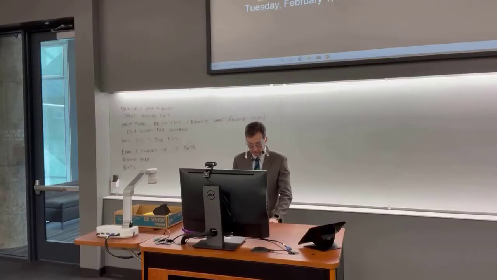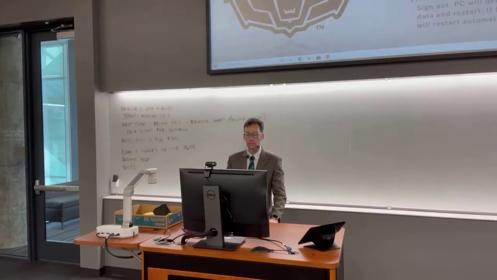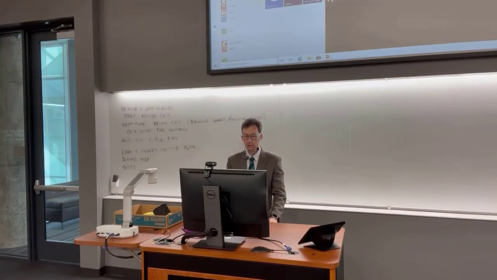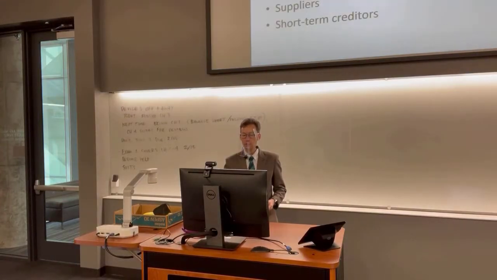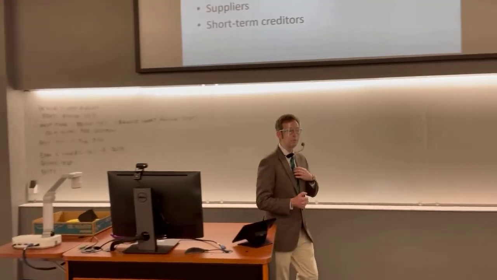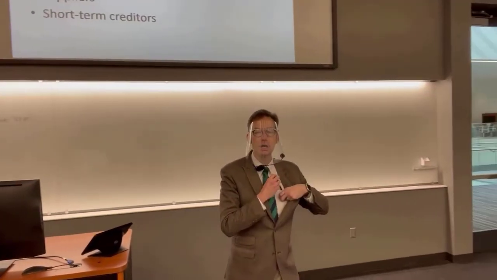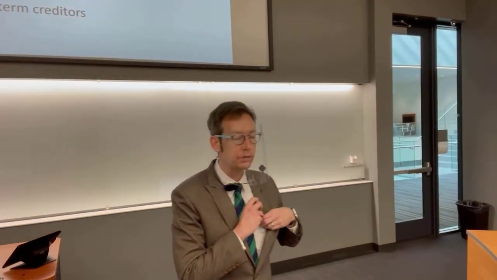Okay, so if I recall correctly, we had just finished talking about short-term solvency liquidity, but I made a mistake. I did not tell you what to do if these measures are bad. So I gave you the diagnosis, but I didn't give you the treatment. So here's the treatment.